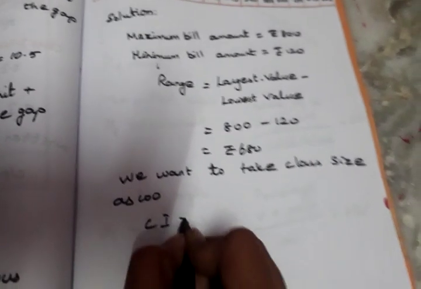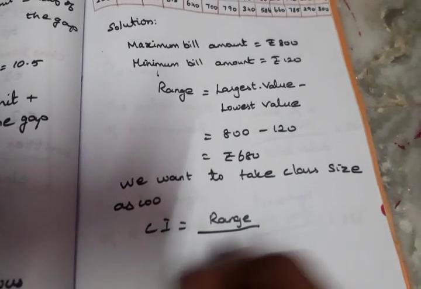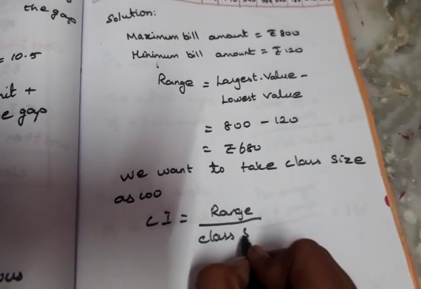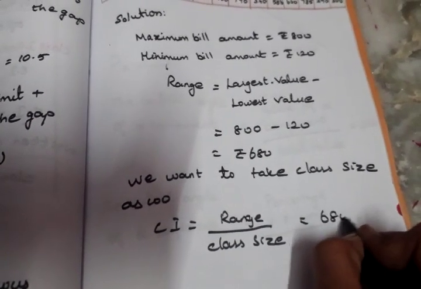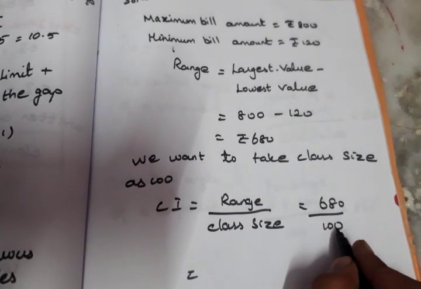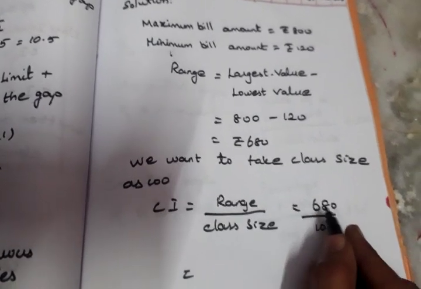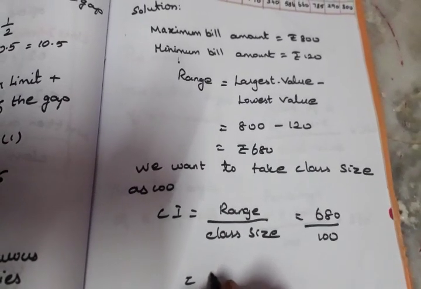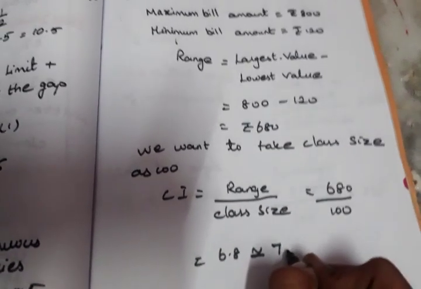So the class size is 100. The number of class intervals is range divided by class size. So 680 divided by 100. That value, with 2 zeros, means 2 decimals from the right hand side, 6.8. So the nearest value is 7.